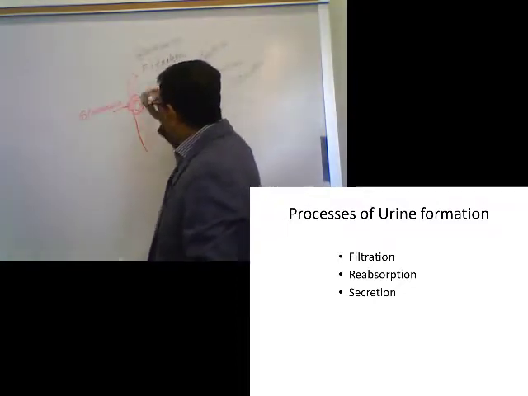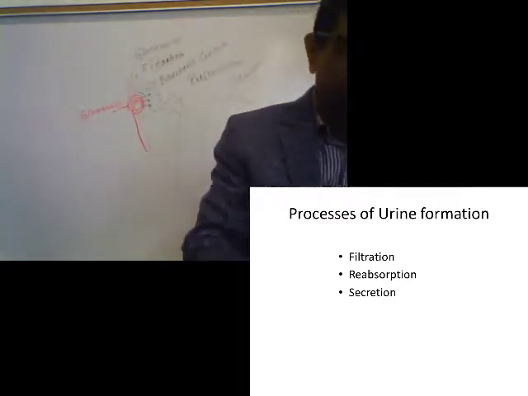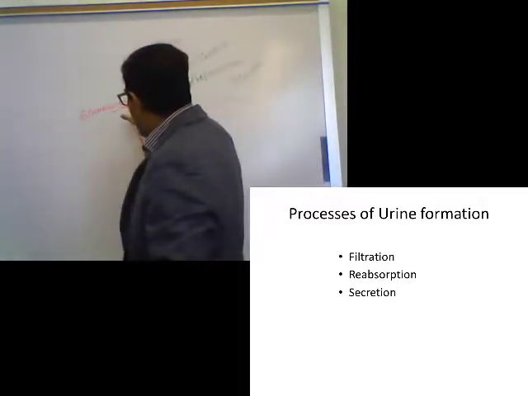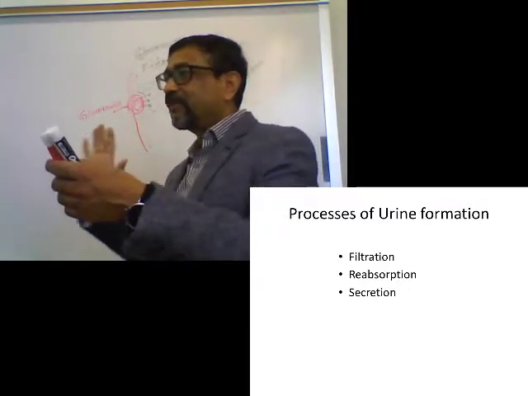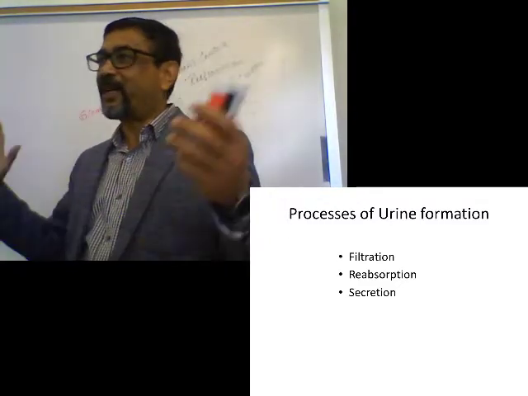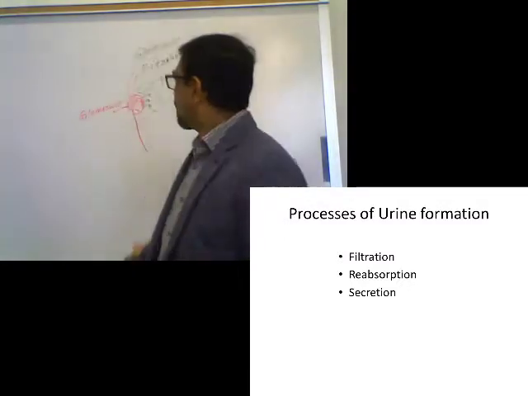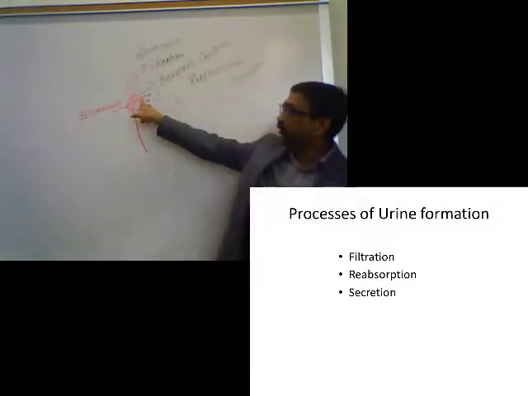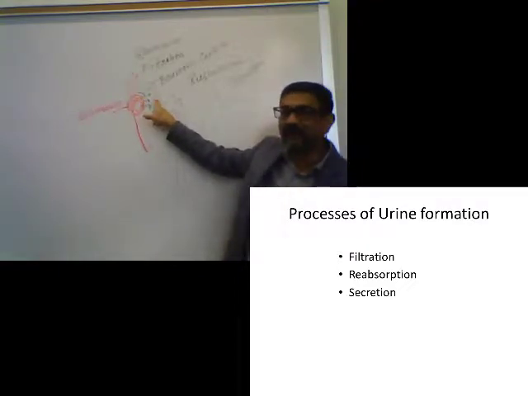And now you know that to move the fluid from one place to another, you need what? What do you need? Pressure, right? Without pressure, the fluid will not get out. Is it clear? So, now you tell me, to move the fluid from the blood here in the glomerulus to the nephron here, the pressure must be higher where? Here, right? So that will push the fluid from the blood to here.